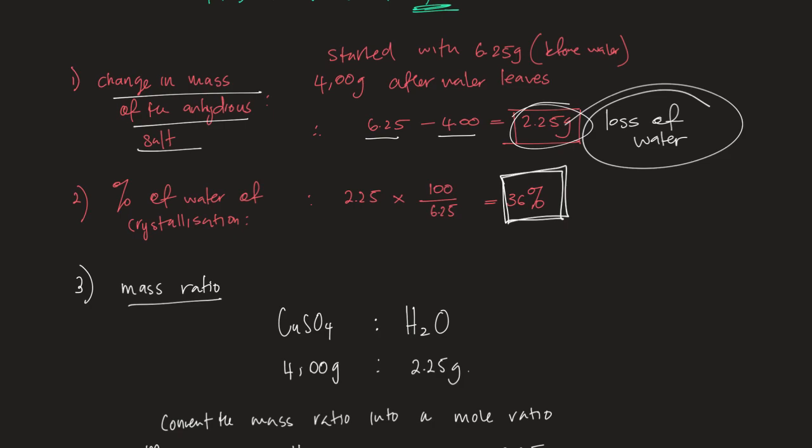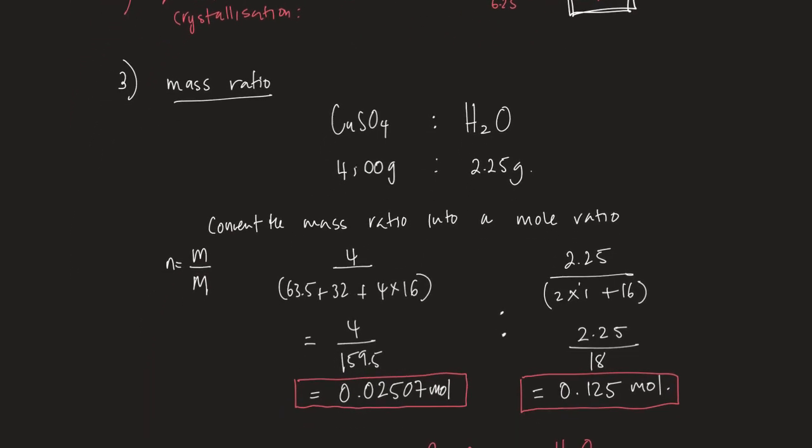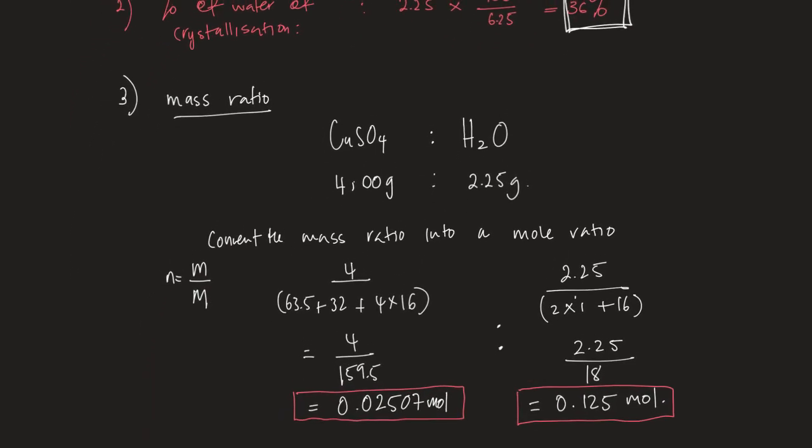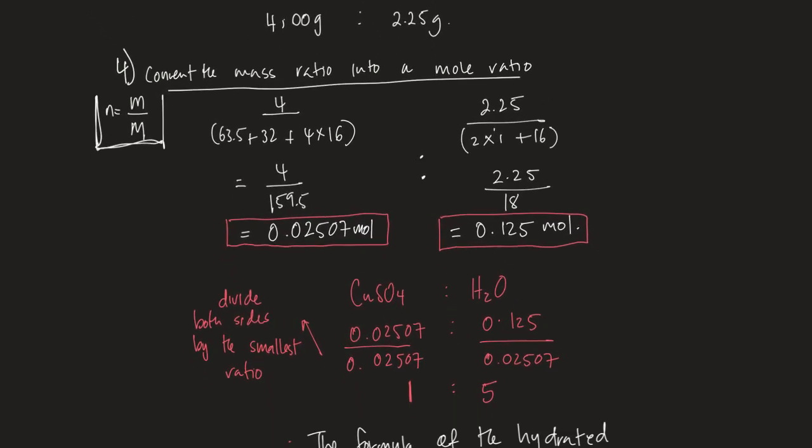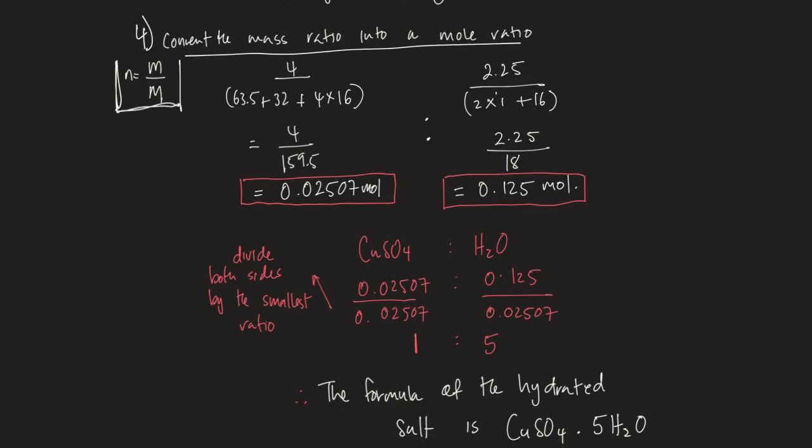Once you get that sorted out, then you look at your mass ratio. After your mass ratio, you do number 4, you convert the mass ratio into a mole ratio. So mass to mole, and you can just use n is equal to m over M. Once you've got that ratio, divide both sides by the smallest ratio, and then you should get a whole number ratio.